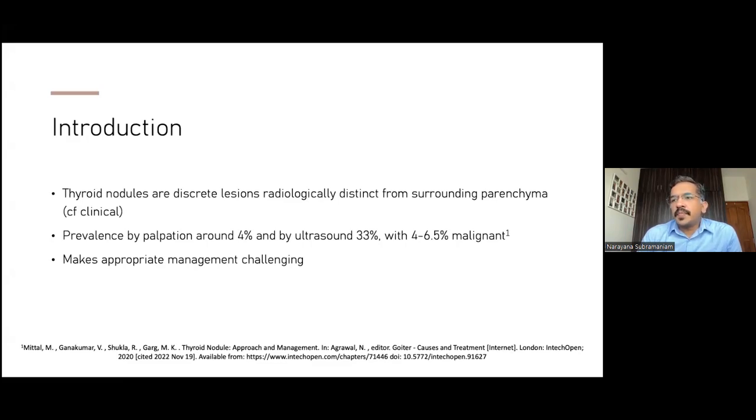So very often, when patients are evaluated for other problems and they undergo an ultrasound of the neck, thyroid nodules are identified, but it's important to know when to evaluate, when to investigate, and when to treat to avoid over-treating what can otherwise be left alone a lot of the time. So this is what makes appropriate management challenging.